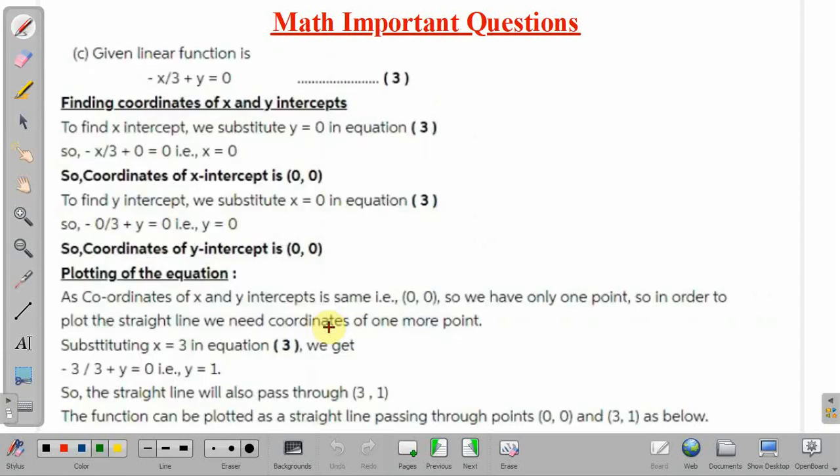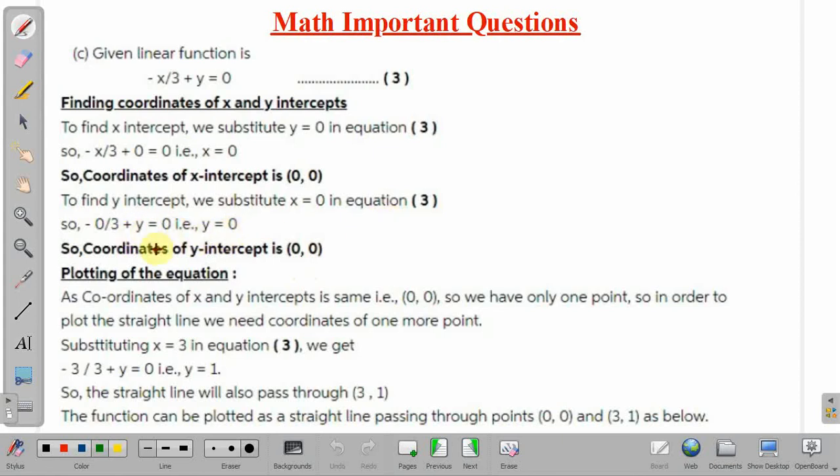Coming to the third part, see here the linear function is given as minus x by 3 plus y equal to 0. In order to find the coordinates of x and y intercept, to find x-intercept, we substitute y equal to 0 and we will get x is also 0. Similarly, to find y-intercept, we substitute x equal to 0 in equation 3, and we will get y also 0.